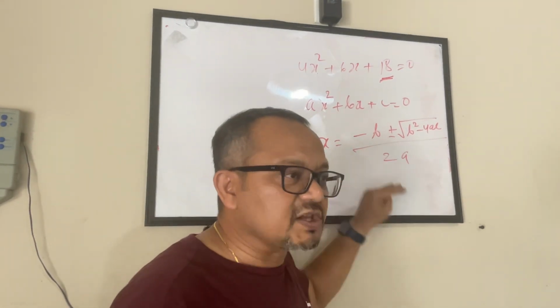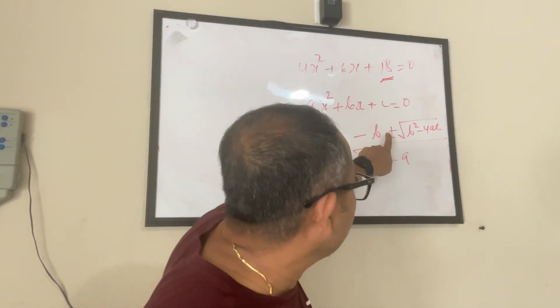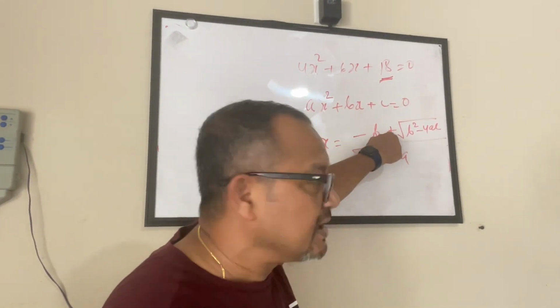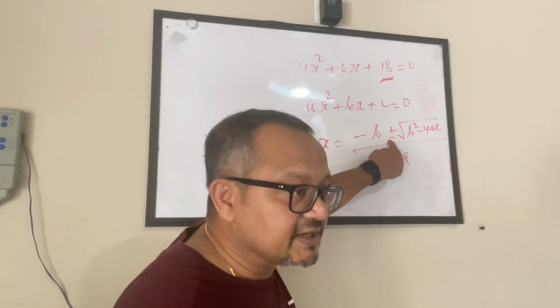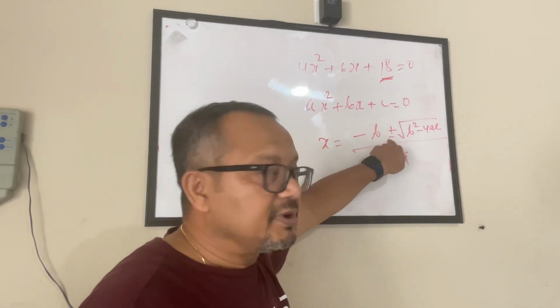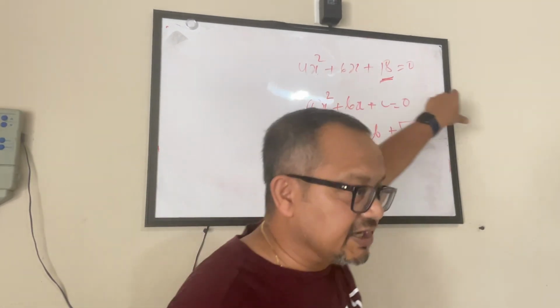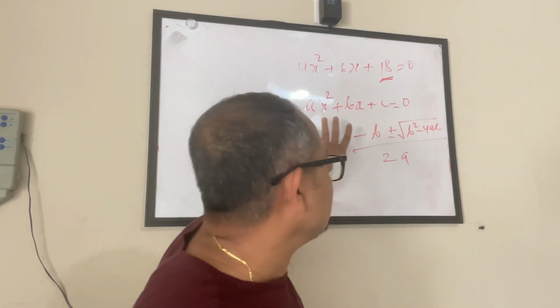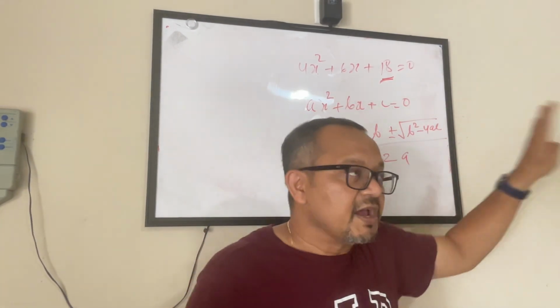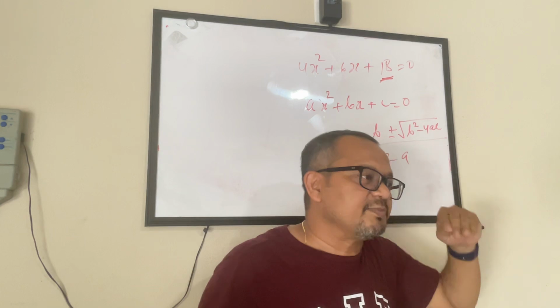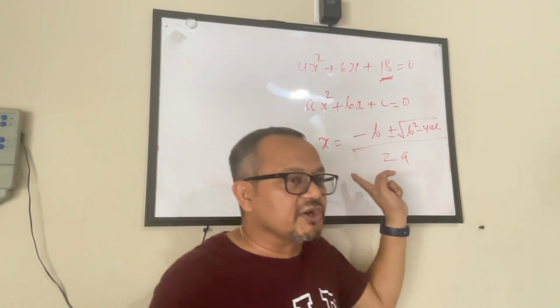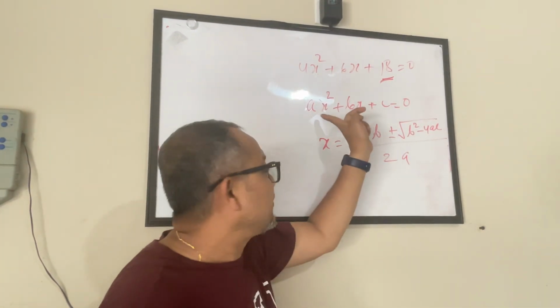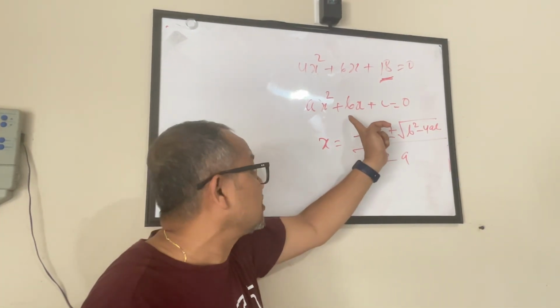This gives you two possible values of x, one when you take plus and one when you take minus. Here a is the coefficient of x squared and b is the coefficient of x.